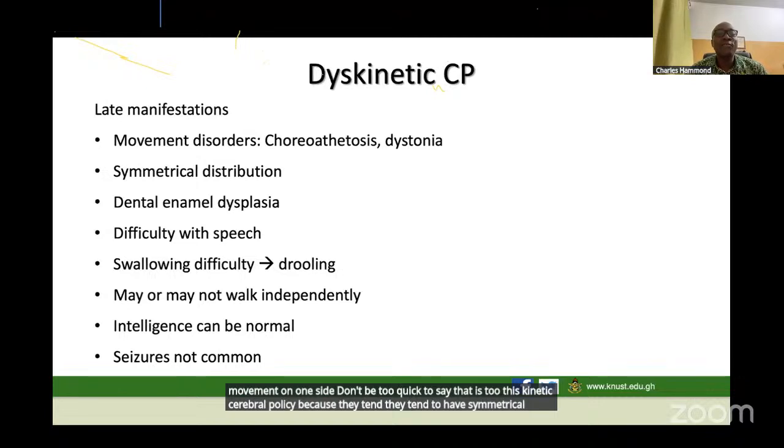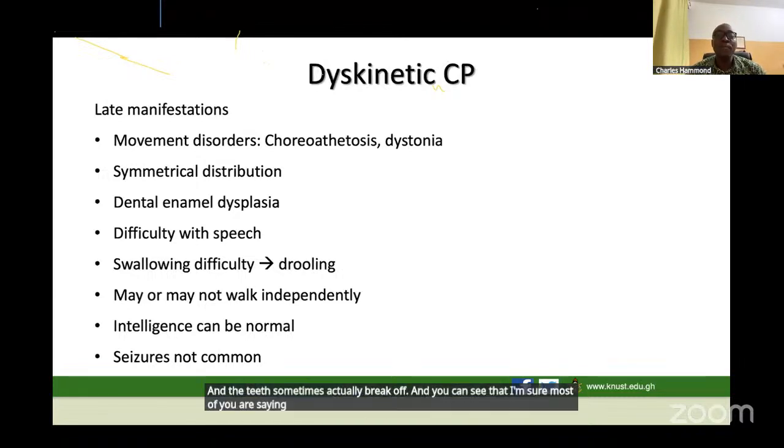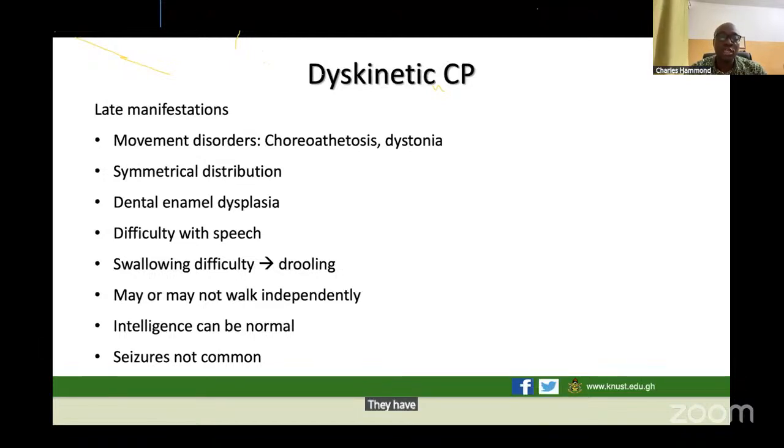Then they have very poorly developed teeth. We call that dental enamel hypoplasia or dysplasia, and the teeth sometimes actually break off. I'm sure most of you have seen patients who had severe neonatal jaundice come to your clinic with very poorly developed teeth. They have difficulty with speech.